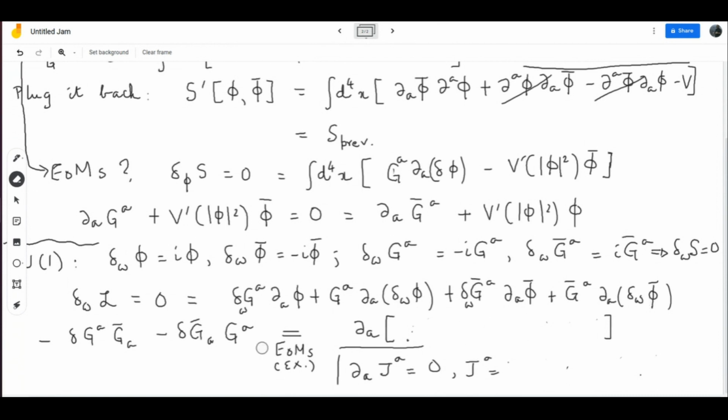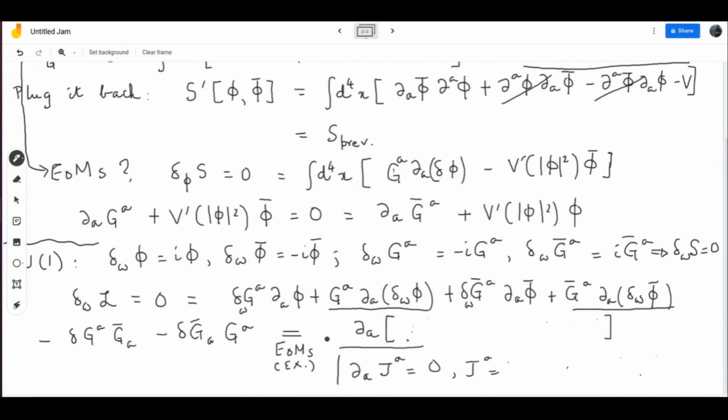The rest of it will just be the equation of motion. So you plug in everything and show the equation of motion. From these terms the conserved current will come, and the rest will be equation of motion.